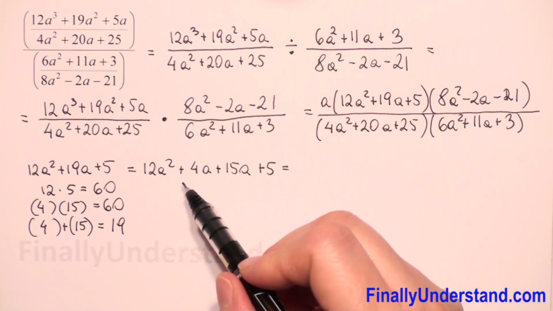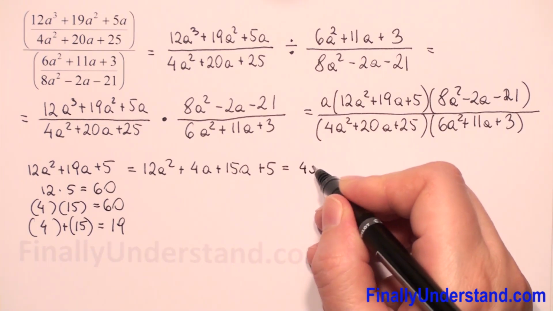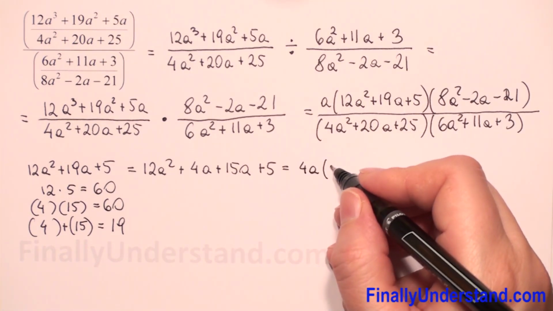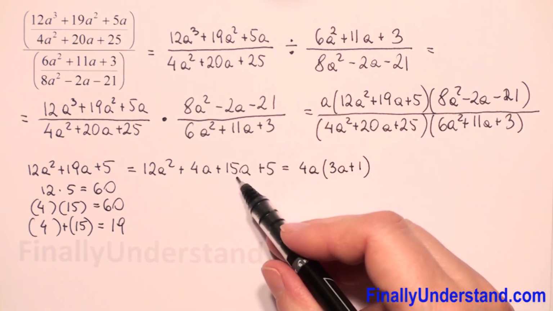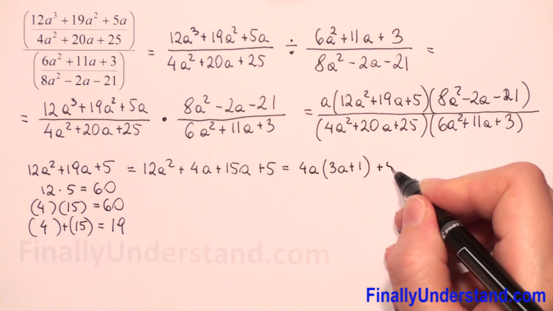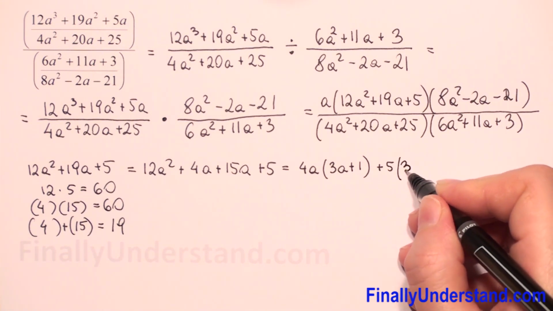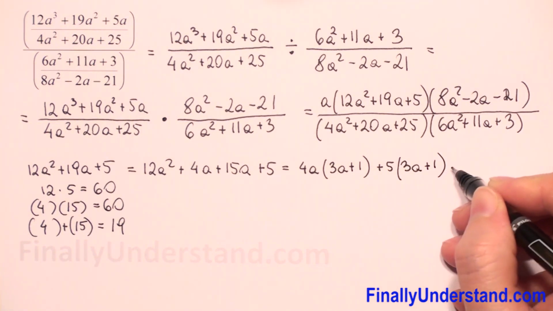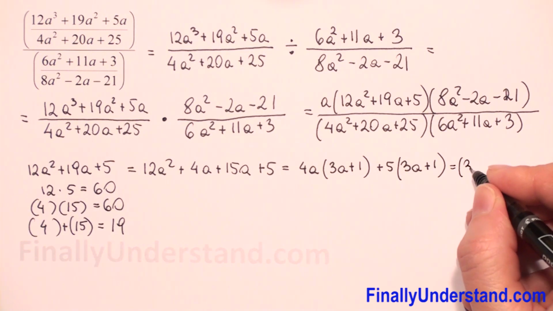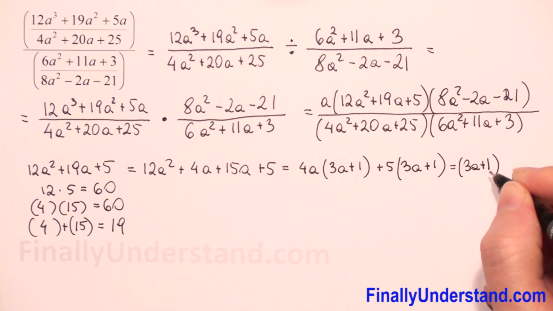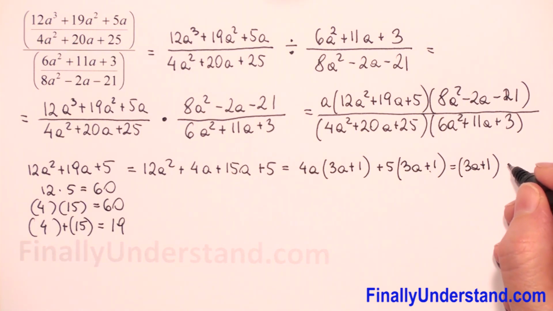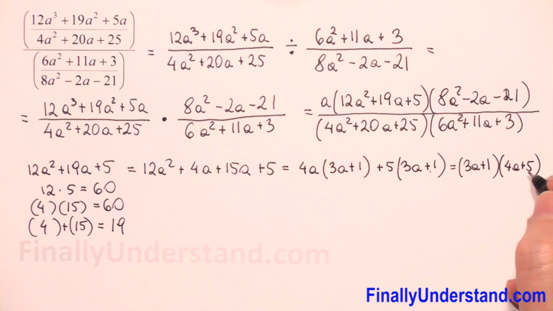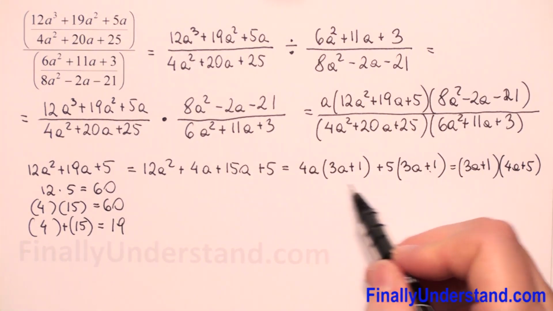Now we can factorize 4a from the first two terms, so it will be 3a plus 1, and from the last two I will factorize 5, so it will be 3a plus 1. Now we can factorize 3a plus 1 because we have the same terms in parentheses, and we will have 4a plus 5 in the second parenthesis, whatever is left.